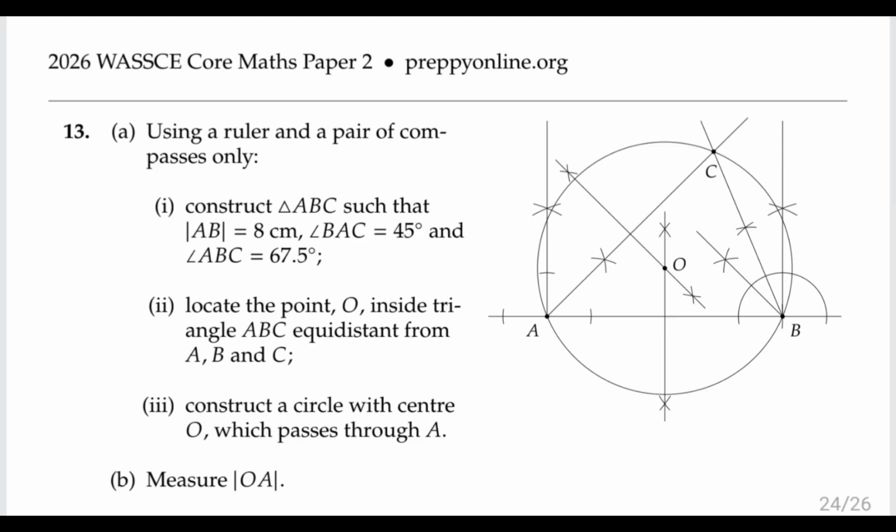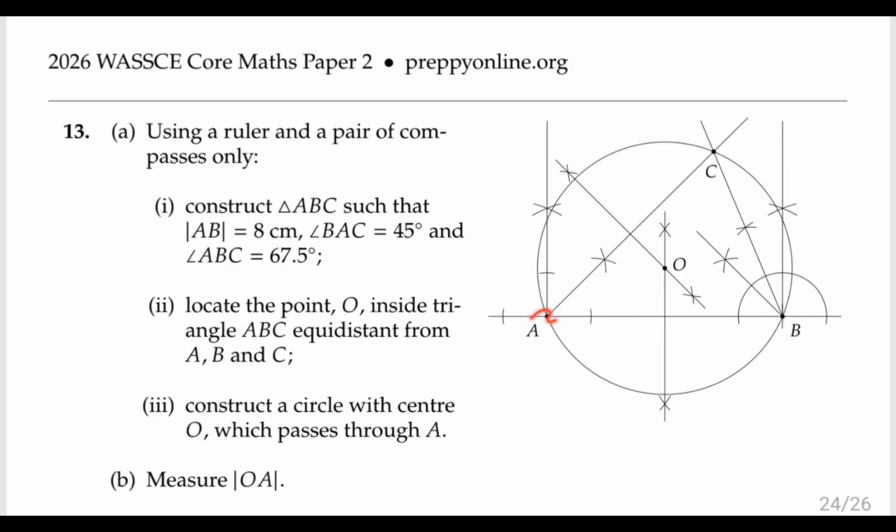So using a ruler and a pair of compasses only, you want to construct triangle ABC with AB equal to 8 centimeters. So this is A, this is B. We want this AB to be 8 centimeters. What we do is we draw a straight line like that, and then we mark this point A. Then you open your compass to 8 centimeters and draw an arc, and that's where your B is going to be.